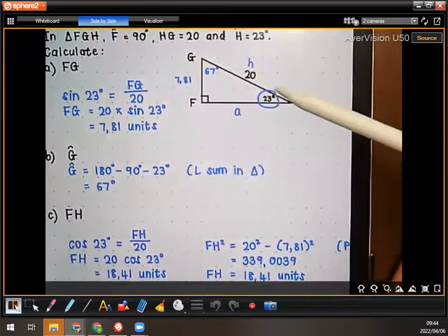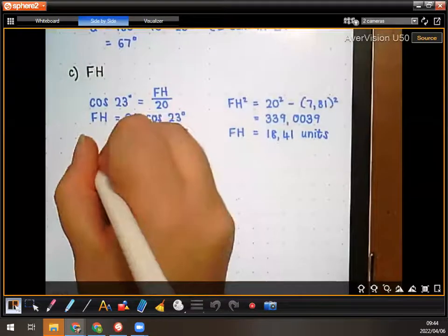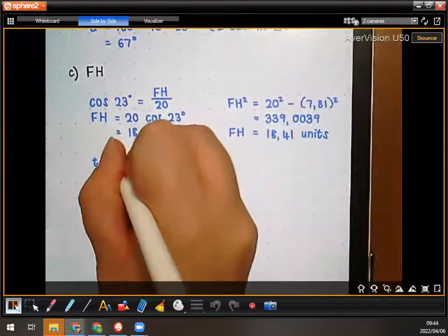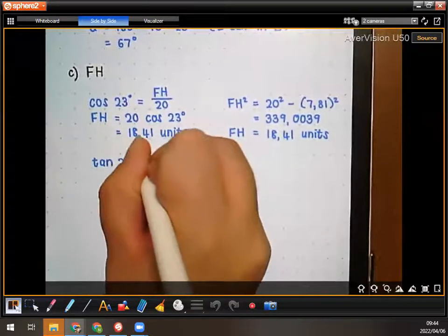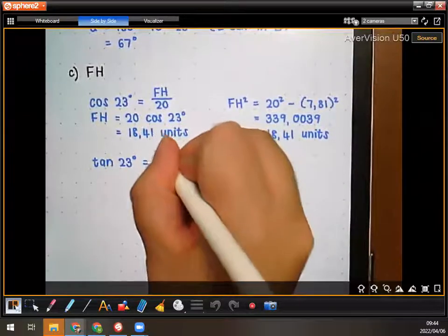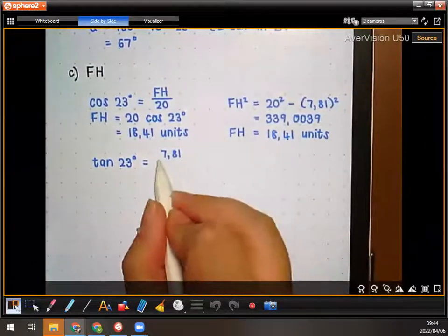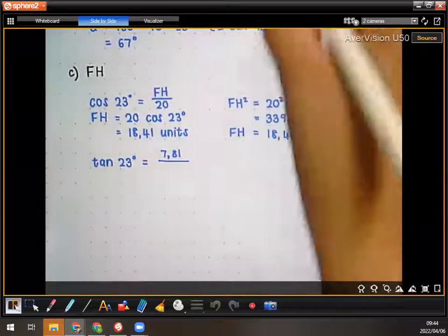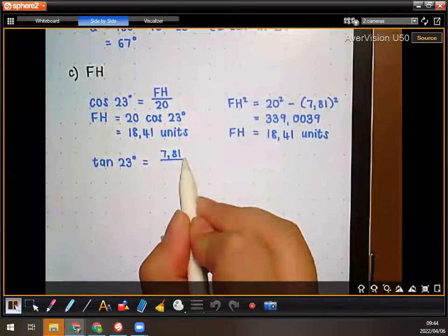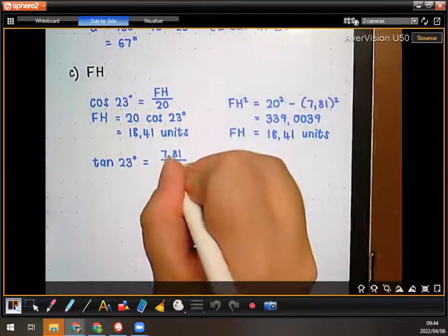So we could say tan 23 is 7,81 over FH. Let's write that down quickly because this calculation is a little bit more complicated. Tan 23 is opposite, which we calculated in A was 7,81, over FH.